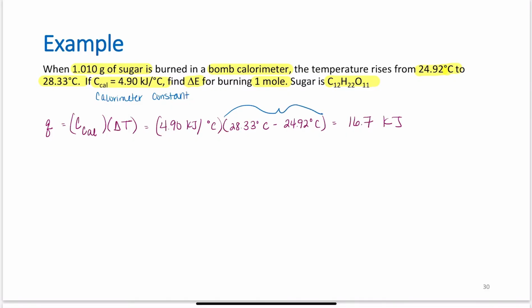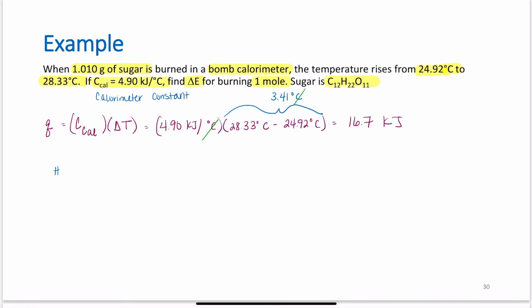I still recommend checking this. This gives me 3.41 degrees C. So from 4 sig figs to 3, this has 3 sig figs as well, so we keep 3 sig figs. And then you note that the degrees C's have canceled out. So 16.7 kilojoules. But I want to know how much energy does it take to burn 1 mole.